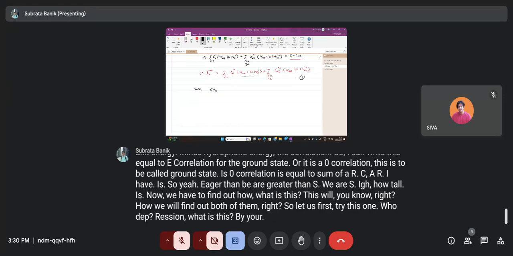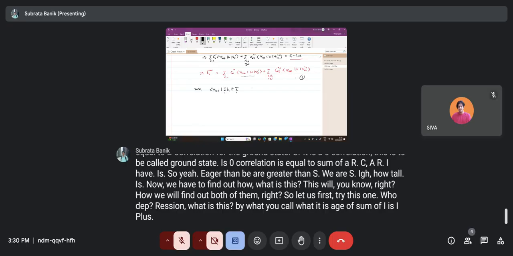Psi of Hartree-Fock, H. What is H? H was the sum over i of h_i plus the sum over i, j greater than i of 1 upon r_ij.